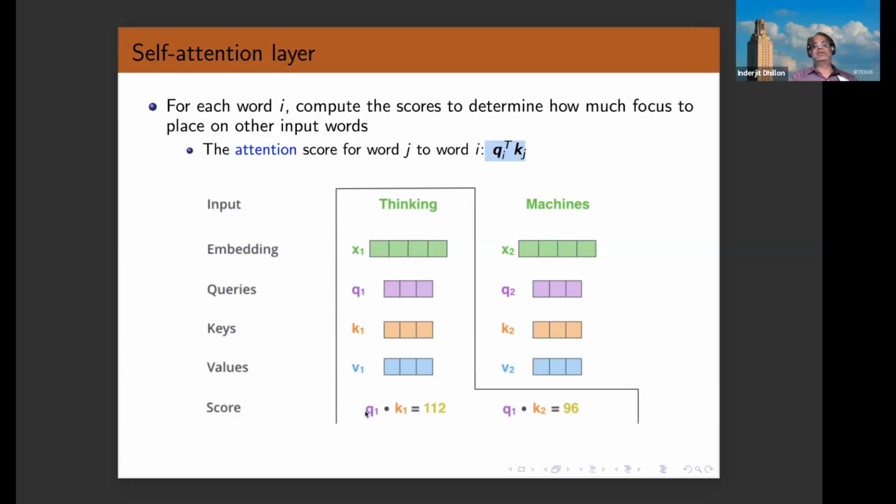So let's look at the attention score for word 1 to word 1. That's actually just Q1 transpose K1. And suppose it is, let's say, 112.